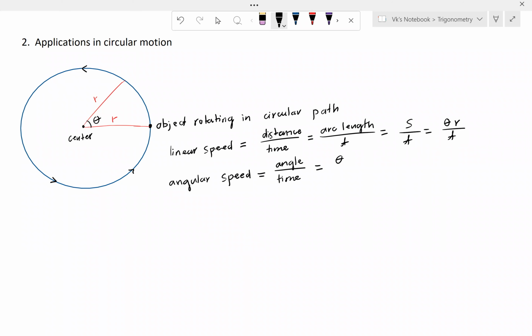The angle is theta, the time is t. Very cool. Similar to the previous section, make sure that the angular speed is measured in radians. Theta must be in radians.